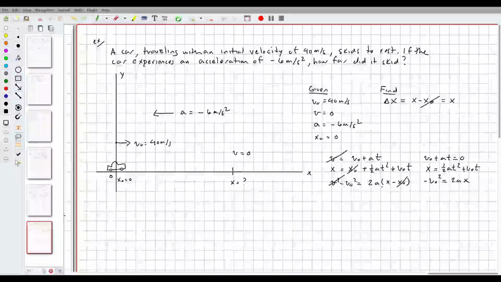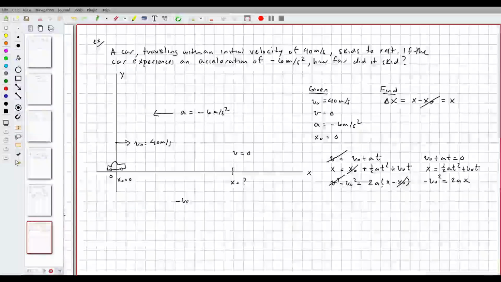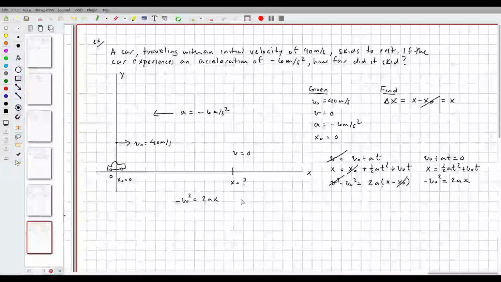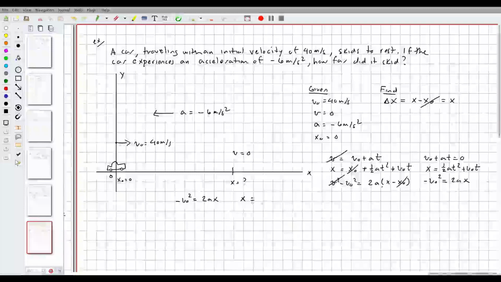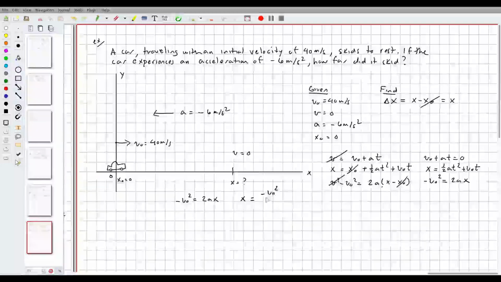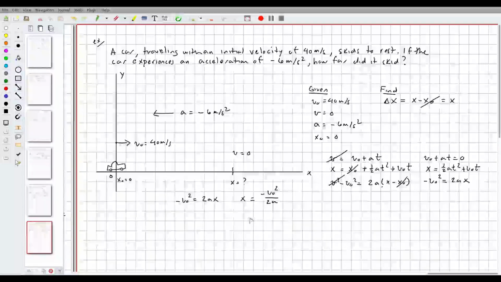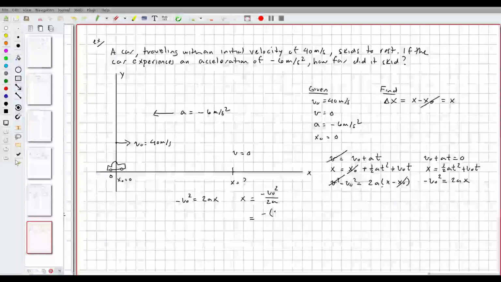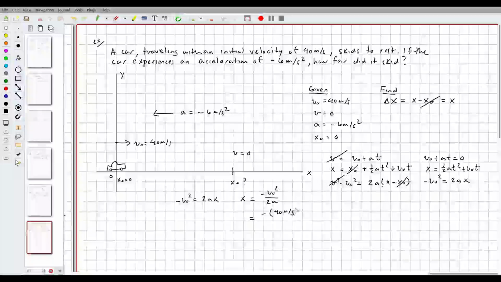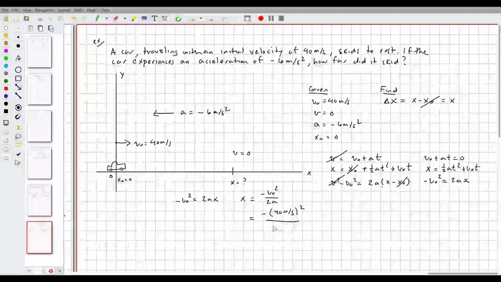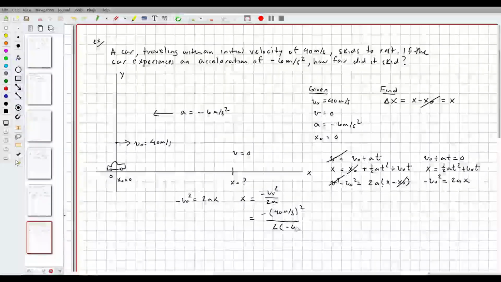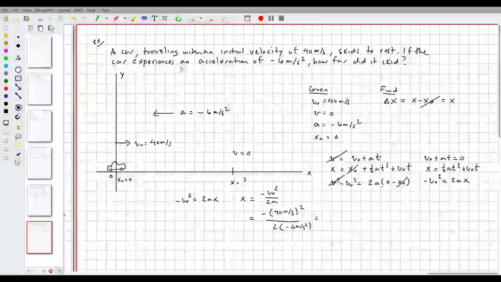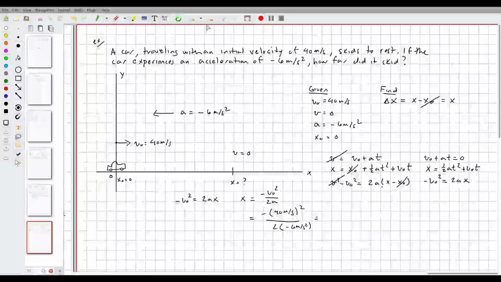So if you take and write that equation over here, and then solve for X. Plug in your numbers. Let's whip out the calculator here.